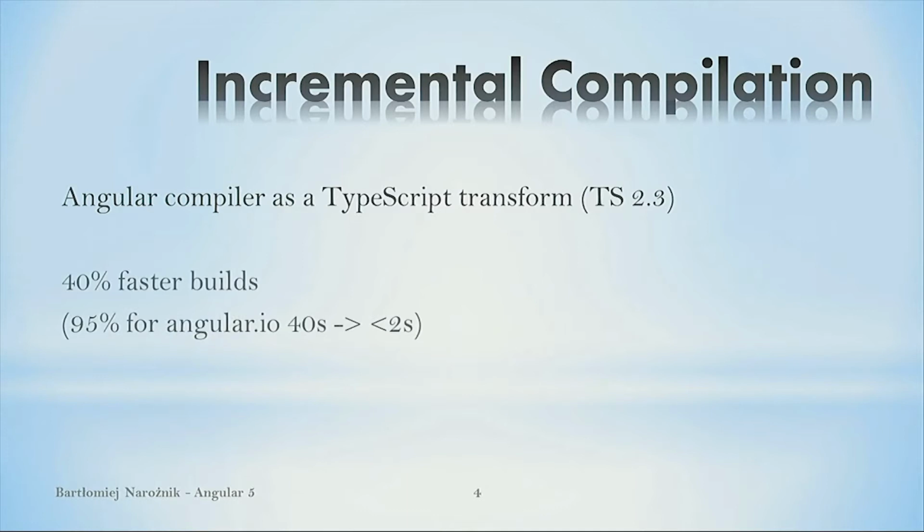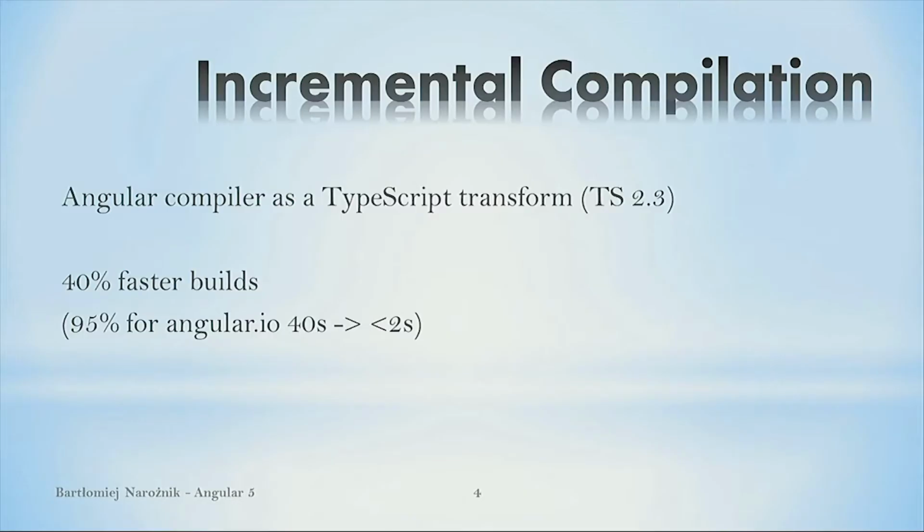They say it will be around 40% for normal builds, but it's pretty impressive for angular.io. They turned it on, and they were able to decrease the time from 40 seconds to 2 seconds. So it's around a 95% speed gain. You can turn it on using a flag and serve with AOT.